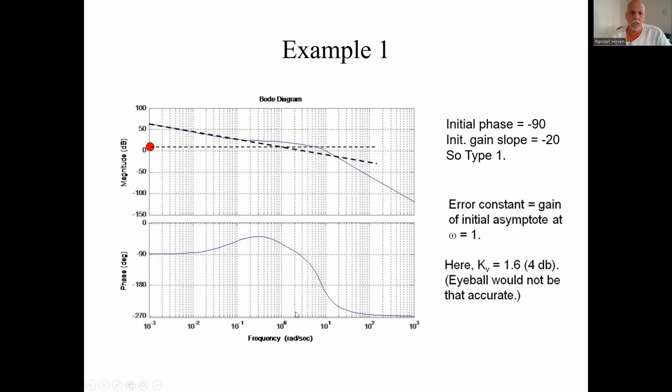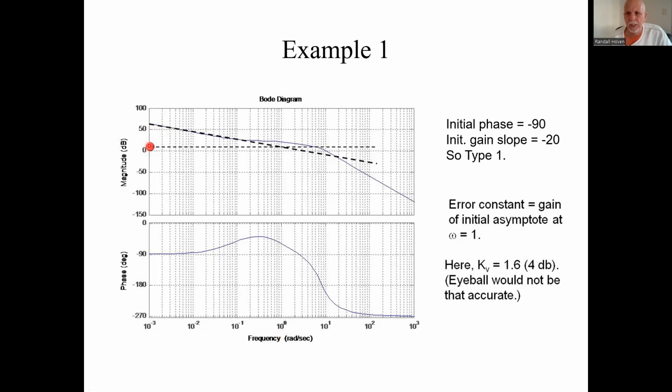And now for the error constant. We're looking at the omega equals 1 frequency line. It's the 10 to the 0 line. It's this line up here. And we're looking for where this initial asymptote crosses that omega equals 1 line. And that is right here. This is where the gain crosses. We don't want that. We want where the asymptote crosses. And go over here and see where that is in dB.